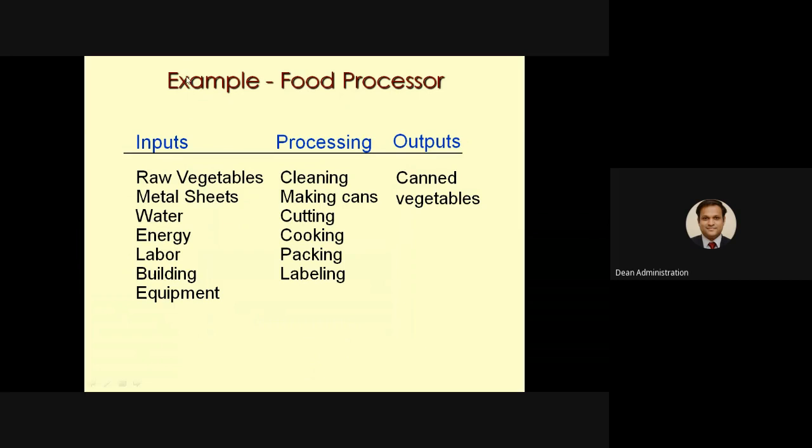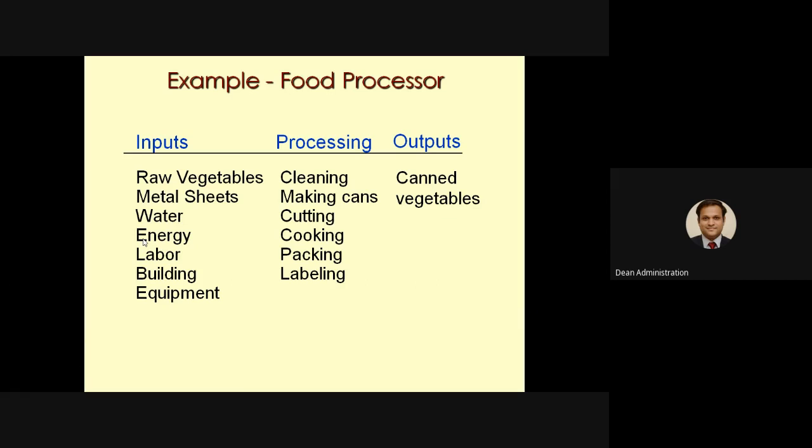Here is an example. It's a food processor. So you've got inputs, processing, outputs. Food processing. For example, inputs will be raw vegetables, metal sheets, water, energy, labor, building, and obviously various manufacturing equipment.